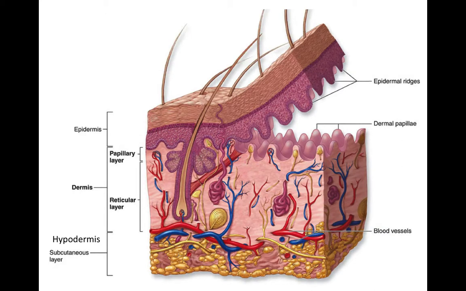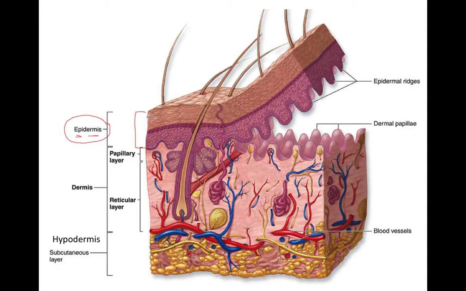So we're going to be starting with our epidermis. Epidermis is the top layer of our skin. Epi meaning on top of. On top of what? On top of the dermis. So it's the top layer. And what is the epidermis? You just learned this.